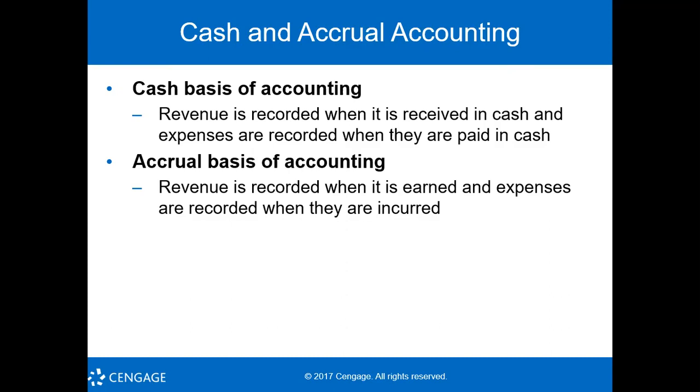This is why we have that accounts receivable account. And expenses are recorded when they're incurred rather than when we pay the cash. That's why we have that accounts payable account. So again, we have already been practicing the accrual basis of accounting, and that's what we'll continue to practice. That is the generally accepted accounting principle.